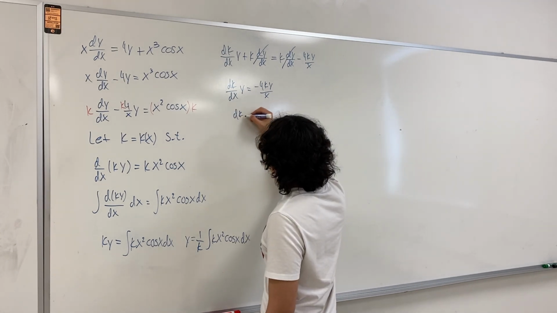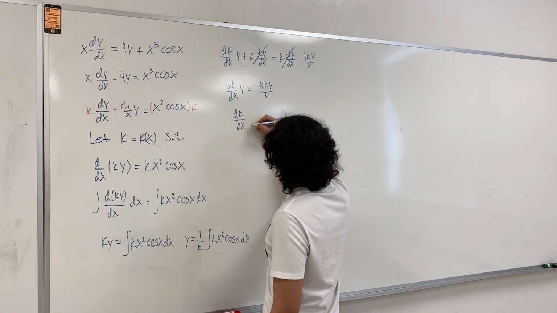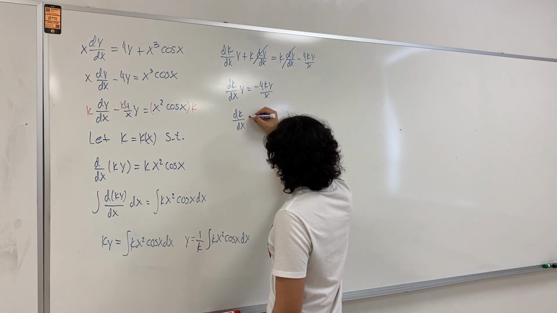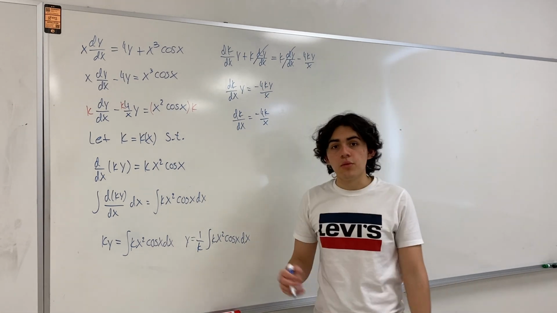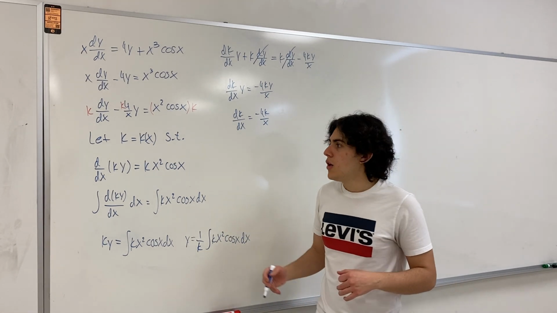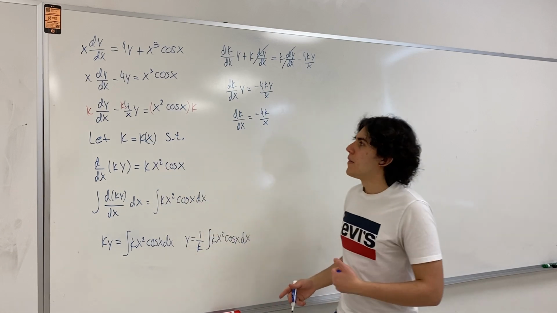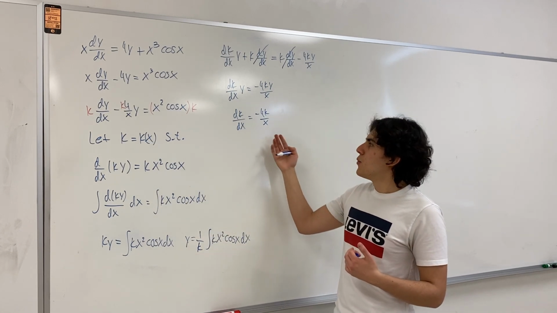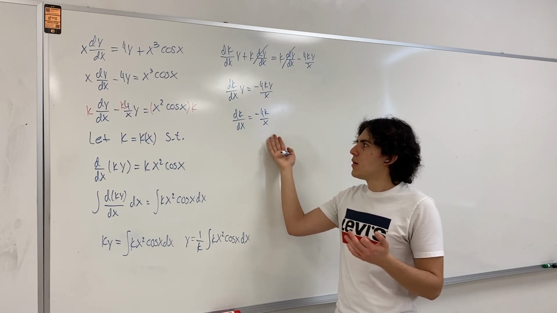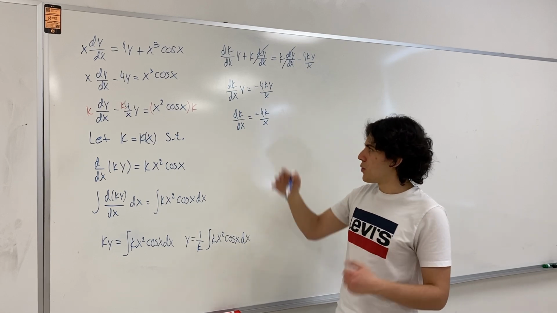And now we have dk/dx is equal to minus 4k over x. I hope you can see that this is a separable differential equation, which is what I said before. We want an integrating factor that is computable through a separable differential equation, which is what we have here.